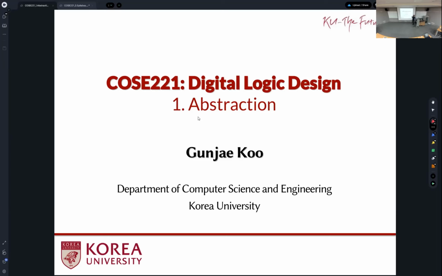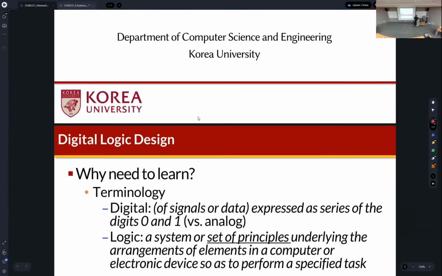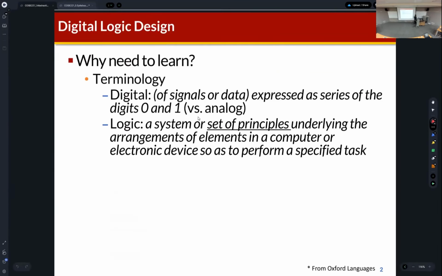So actually, in the computer engineering or computer science department, you need to learn every aspect of computer systems, and computer systems include the software part and hardware part. So in this course, you will learn about the hardware part of computer systems.